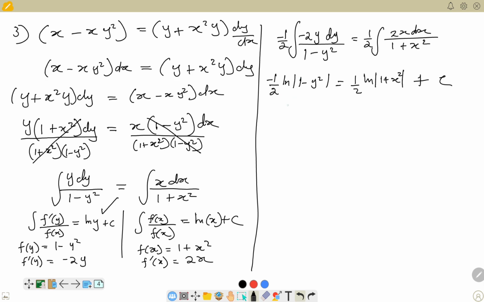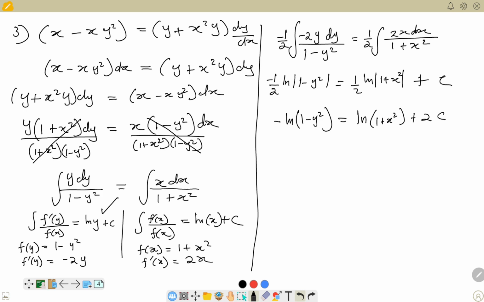So here, if I multiply both sides by 2, I will have negative ln. Let me use normal brackets for now. Negative ln of 1 minus y squared. Then the 2, if I multiply both sides by 2, the 2 on the right hand side will be cancelled.